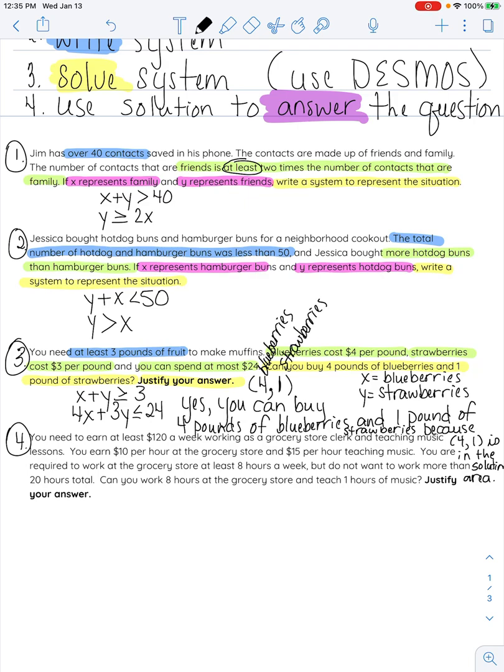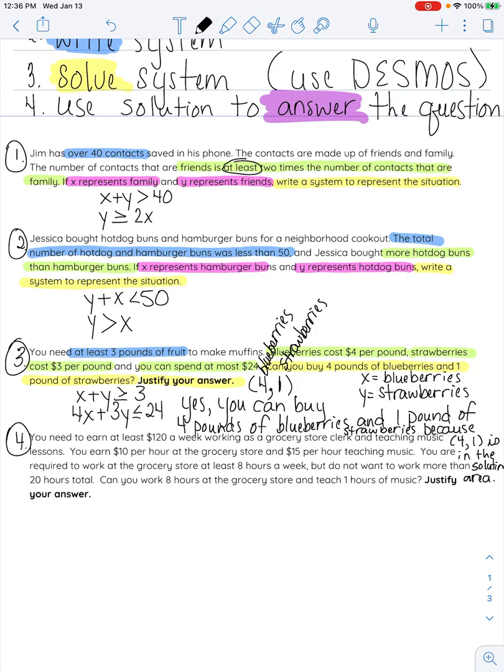So let's try one more. Number 4. You need to earn at least $120 a week working as a grocery store clerk and teaching music. You earn $10 per hour at the grocery store, $15 per hour teaching music. You're required to work at the grocery store at least 8 hours a week, but you don't want to work more than 20 hours total.